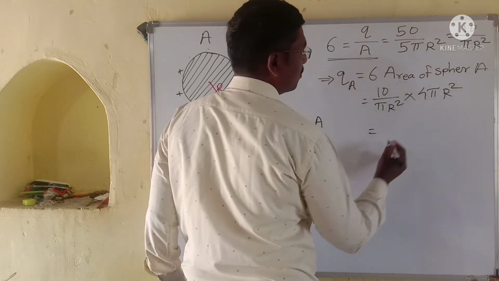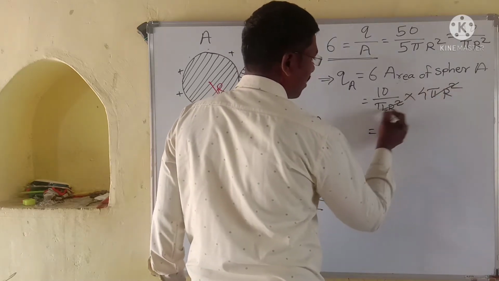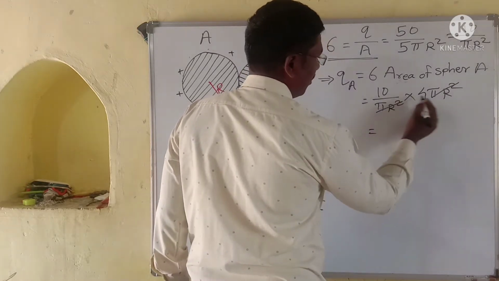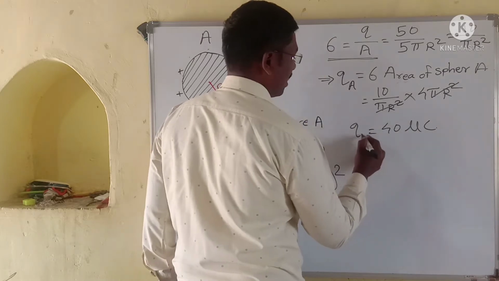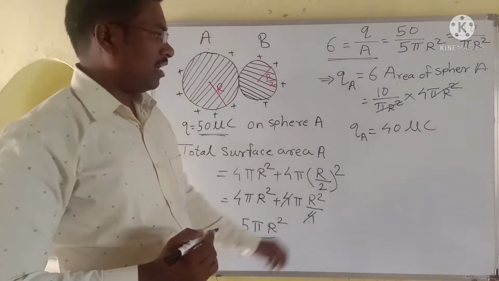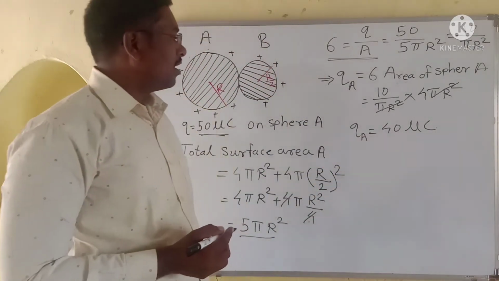This pi r square gets cancelled. 10 multiplied by 4 is 40 microcoulomb. Charge on sphere A is 40 microcoulomb.